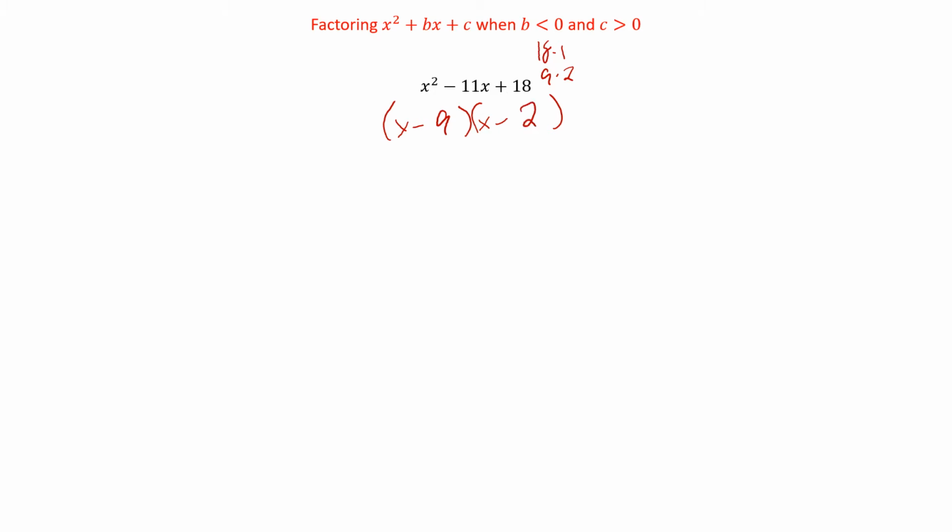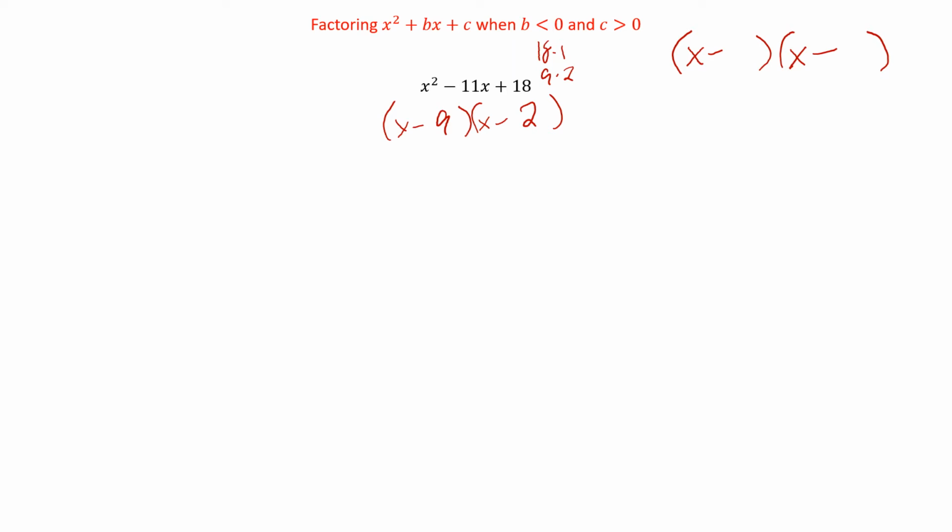If we multiply this out, we get x squared minus 2x minus 9x. Negative 2 plus negative 9 is negative 11. And then negative 9 times negative 2 is plus 18. So that factors. So when we have a negative b and a positive c, we're going to have x minus something times x minus something.